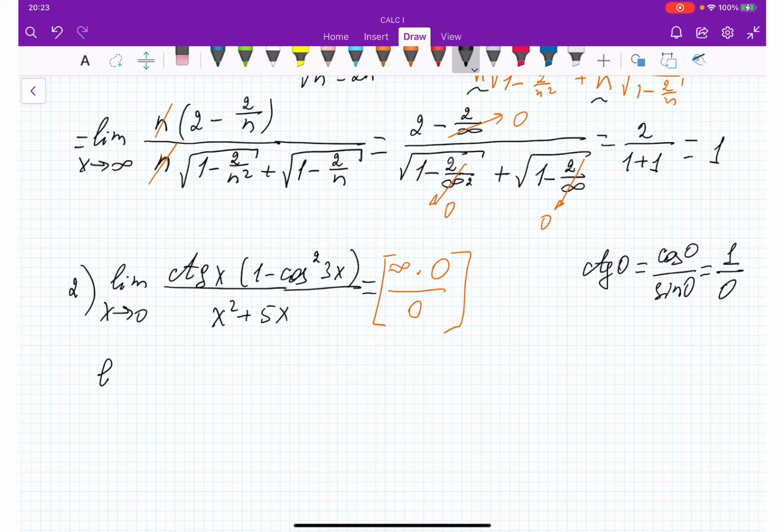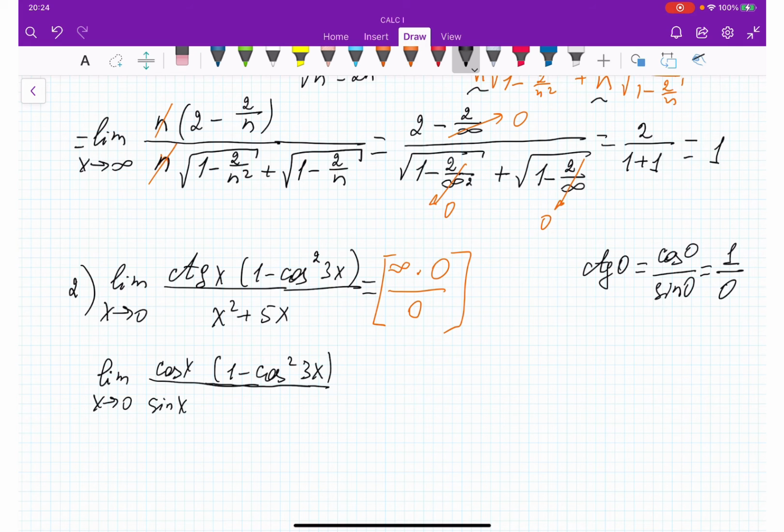So first of all, I'm going to open up cotangent and write it as cosine over sine. Cosine x over sine x. This way I'll get rid of cosine, right? It's multiplication, and cosine 0 is 1. And here will be 1 minus cosine squared 3x.